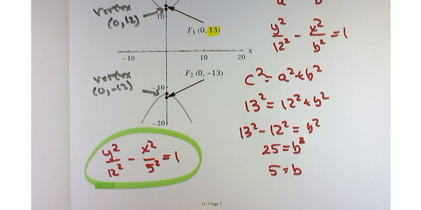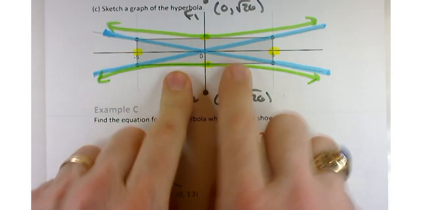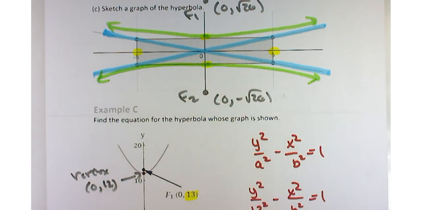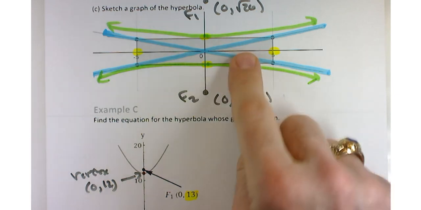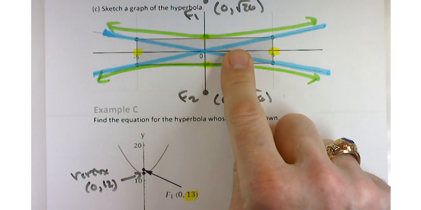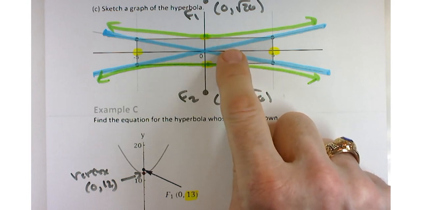Now, in working with hyperbolas, years ago I found myself in need of a little trick to figure out the equations of the axes that run through this rectangle. And I found one that kind of works for me. You won't find it officially in any books, I don't think. But let's try and understand what's going on here. Sometimes I want the equation of the line that goes through here.